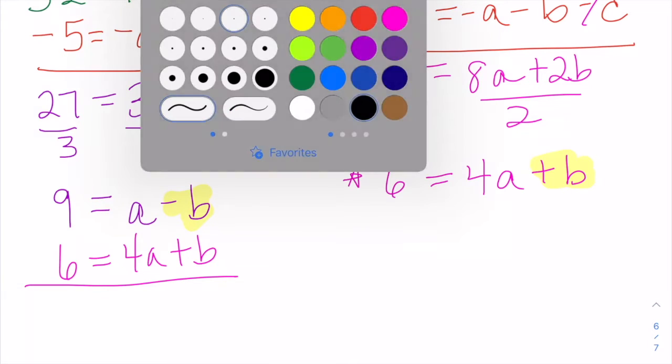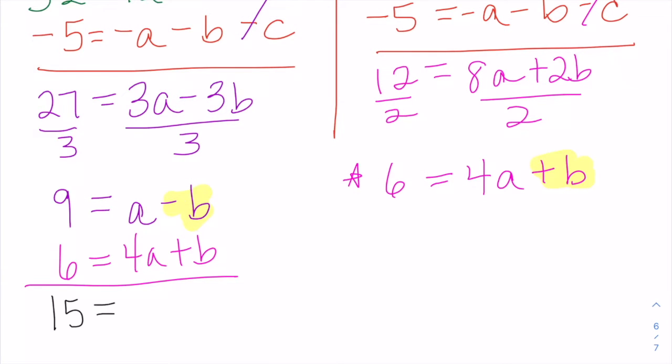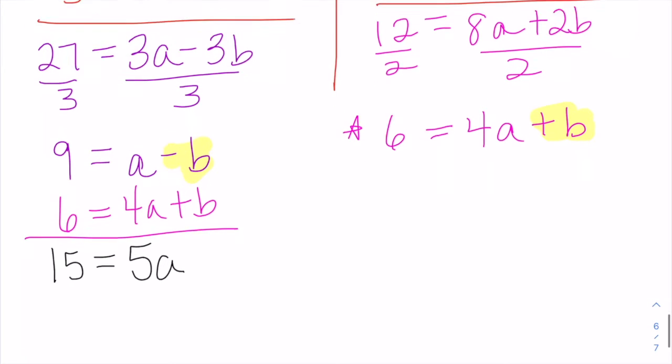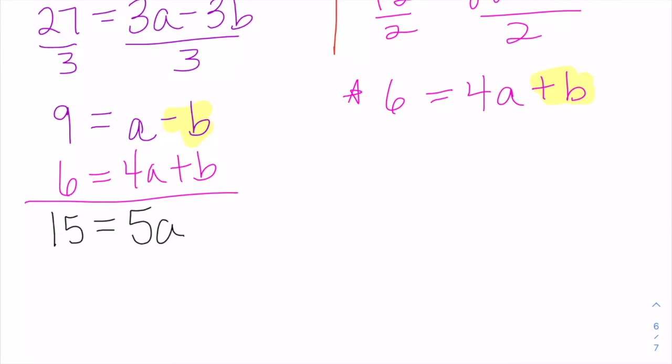So when we add them, we get 15 equals 5a. Now we have one variable. So we went from 3 to 2 down to 1. And if we divide both sides by 5, a will equal 3.